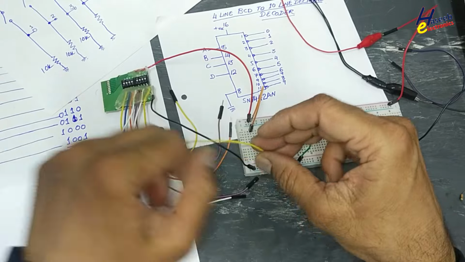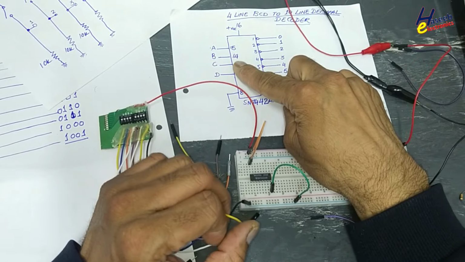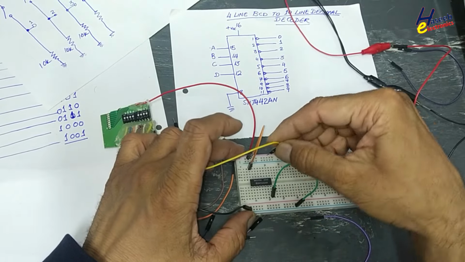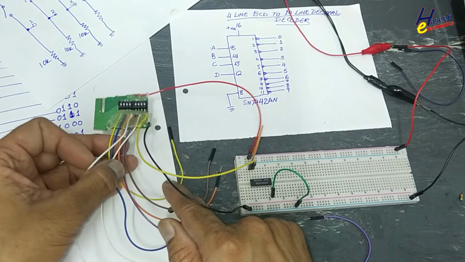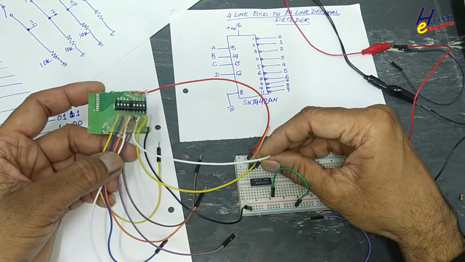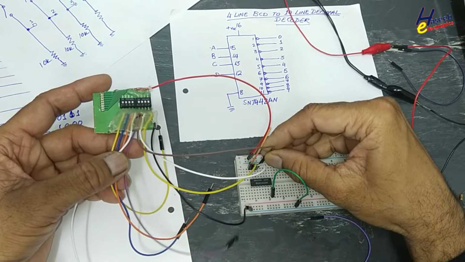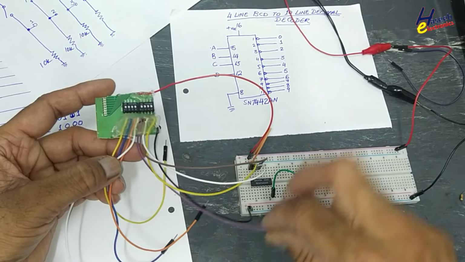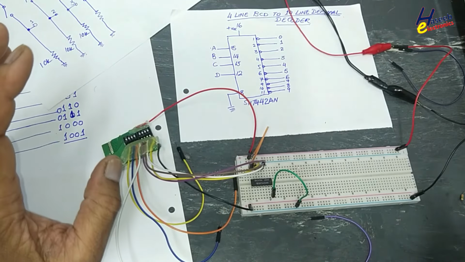The low side bit will be connected to the A pin, that is pin number 15. B output will be connected to pin number 14. Then C, 13, 12. 4-line inputs.